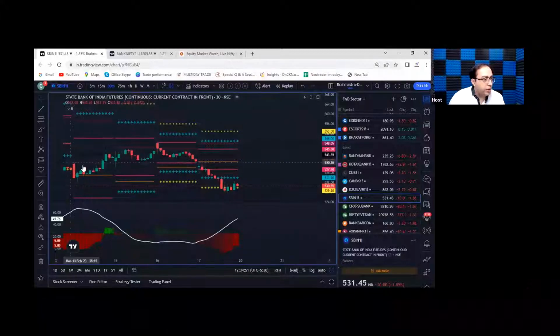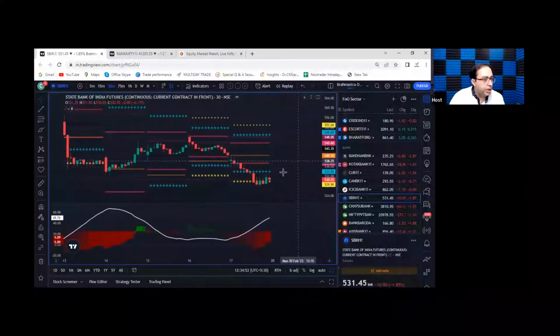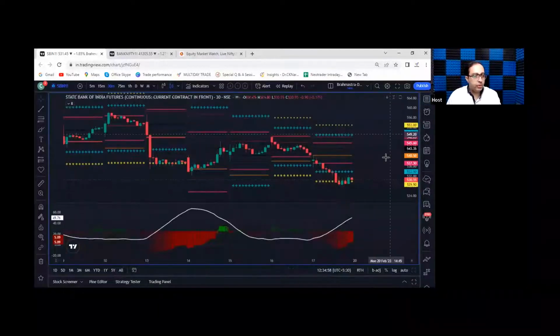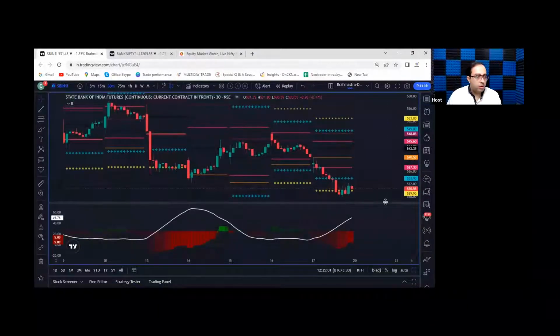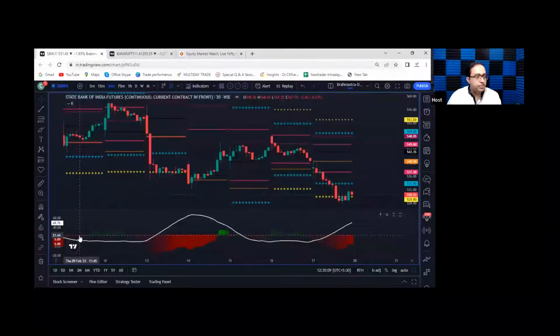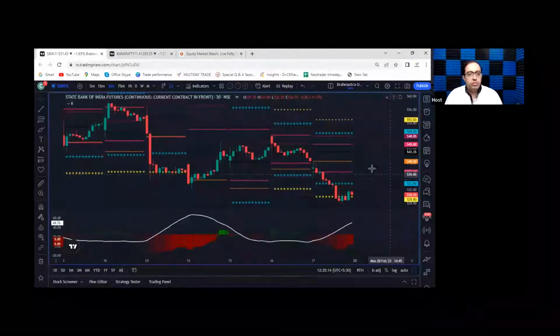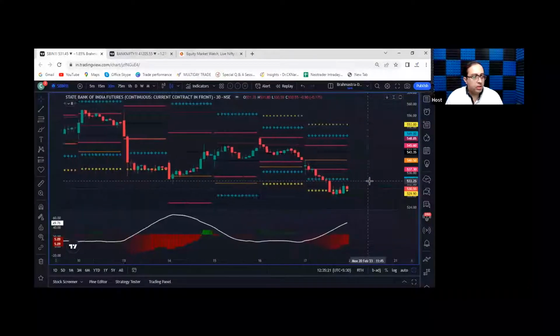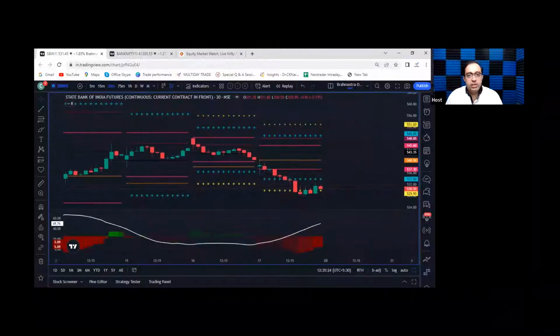Now you can see here in SBI. Can you all see SBI? Yeah, you can see SBI, right? So you can see that this is your 25 line. Okay. Now, if you see on Friday, what happened? This is a 30-minute chart.